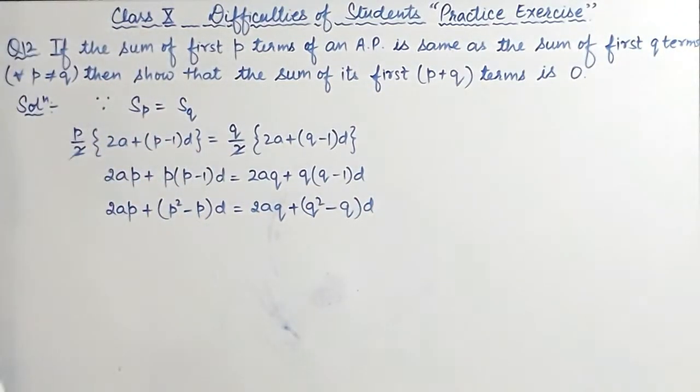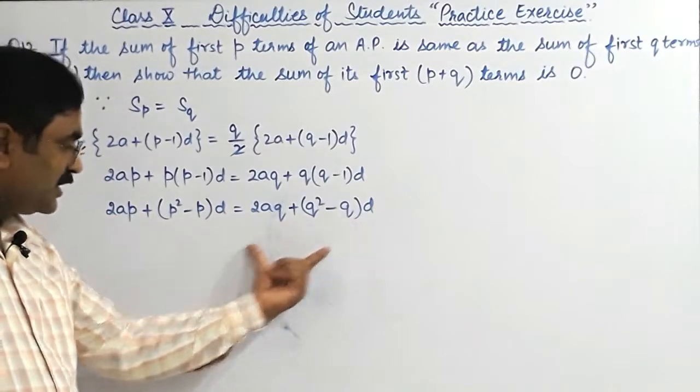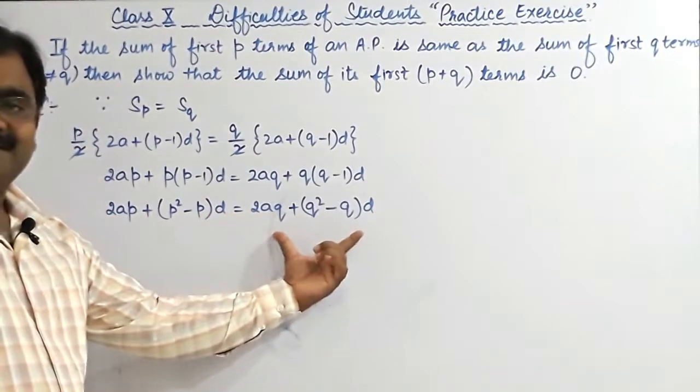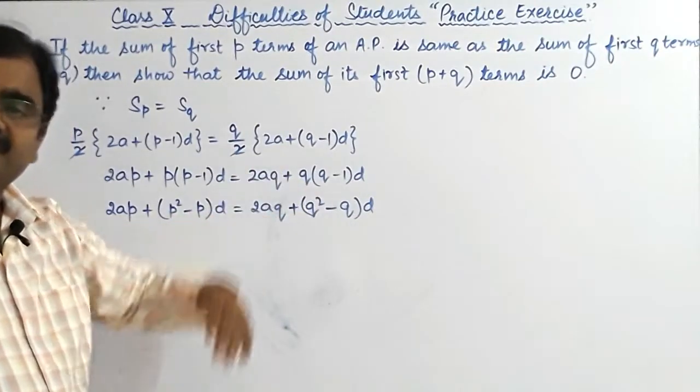Now what do we do, children, these terms of the right side you have to transpose to the left side, so the right side becomes 0.